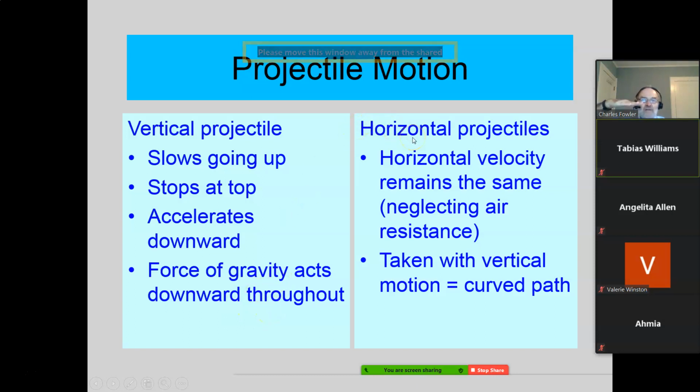Okay, horizontal projectiles, guess what? The horizontal velocity remains the same, because if you remember, a force acting perpendicular to the motion only changes direction. It does not change the speed. So the horizontal velocity remains the same throughout the problem. Okay?